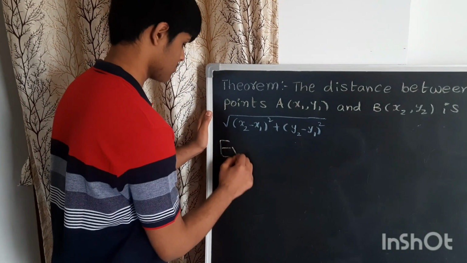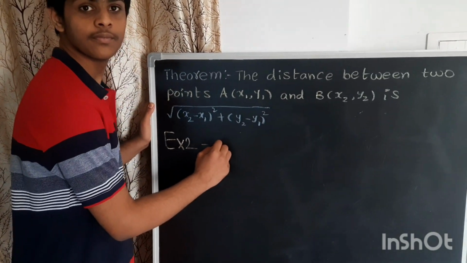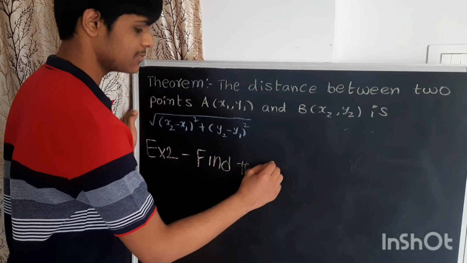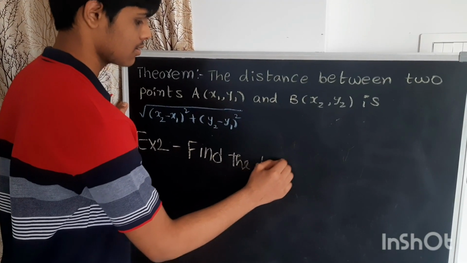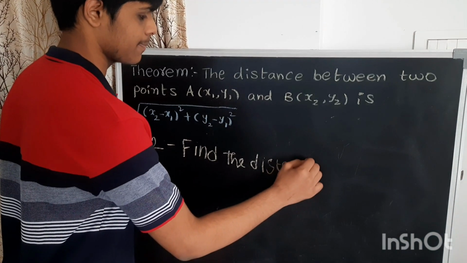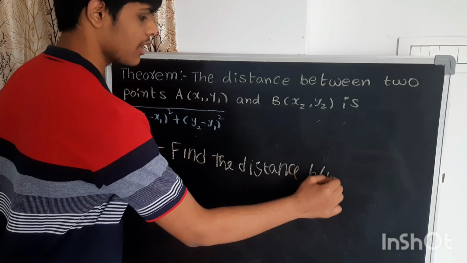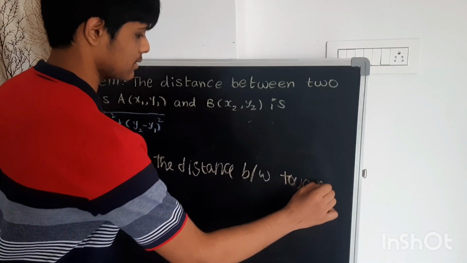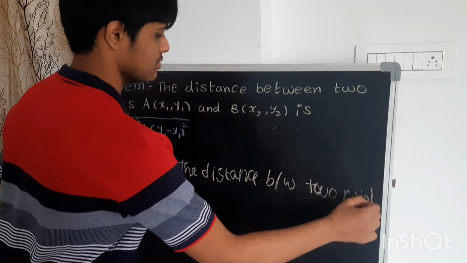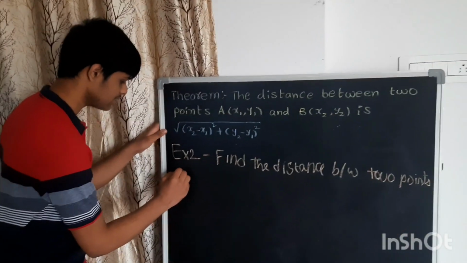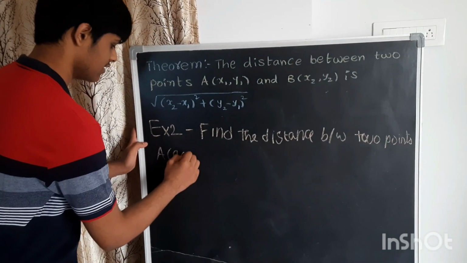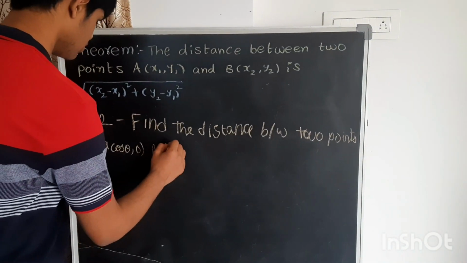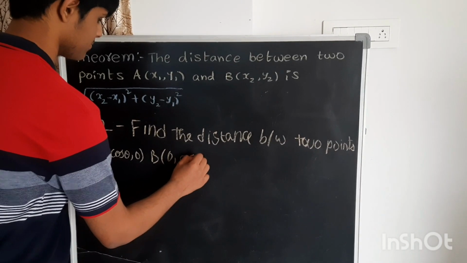Example 2. Find the distance between two points A cos theta comma 0, B 0 comma A sin theta.